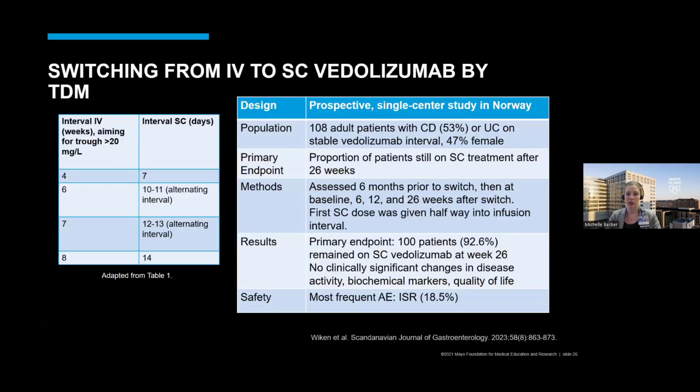Likewise, patients on vedolizumab, sometimes before transitioning to subcutaneous, might be on a more escalated intravenous dosing. So the study out of Norway looked at this population and the maintaining on subcutaneous vedolizumab after switching from intravenous.